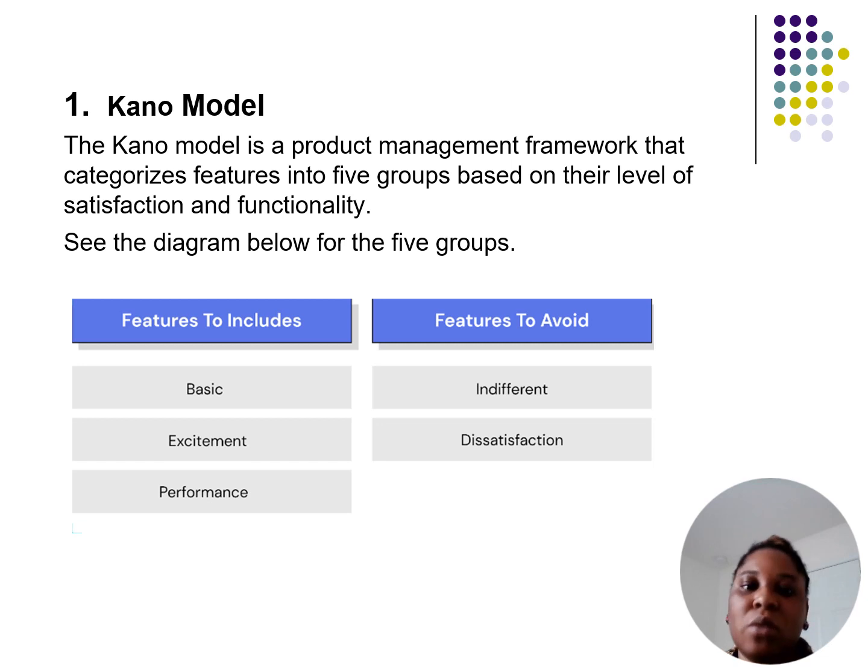The Kano model. The Kano model categorizes product features by satisfaction and functionality to determine which to include or avoid. See the diagram below for the 5 categories: the features to include, which are the basic, the excitement, and the performance, and the features to avoid, which are the indifferent and the dissatisfaction.